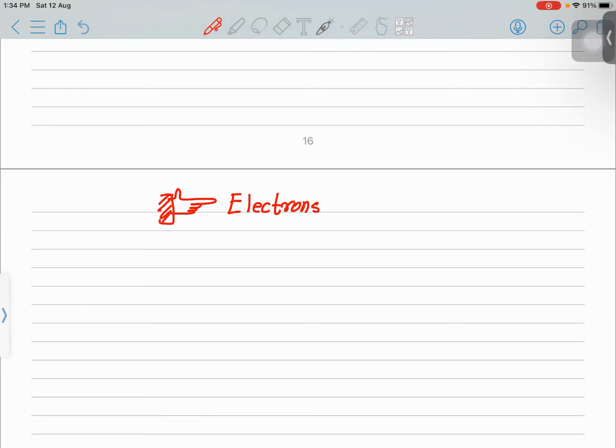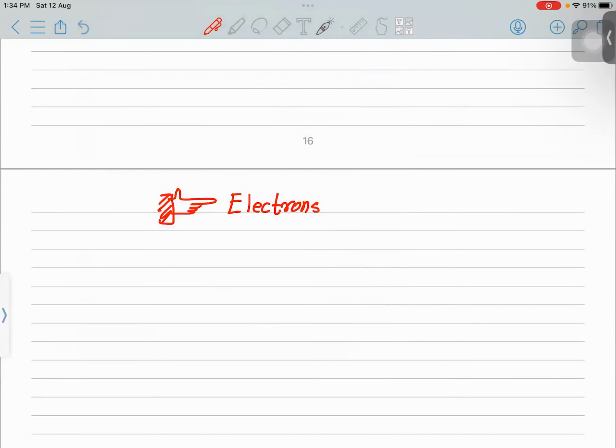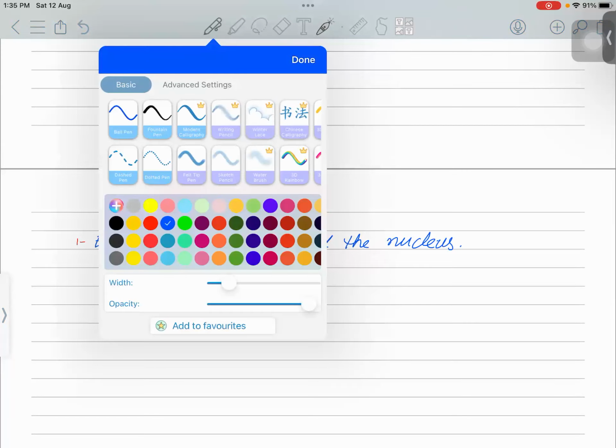Can anyone tell me the position of the electron? It is in the shells, orbiting around the nucleus. You know that electrons revolve around the nucleus, right? So the first point is electrons revolve around the nucleus.